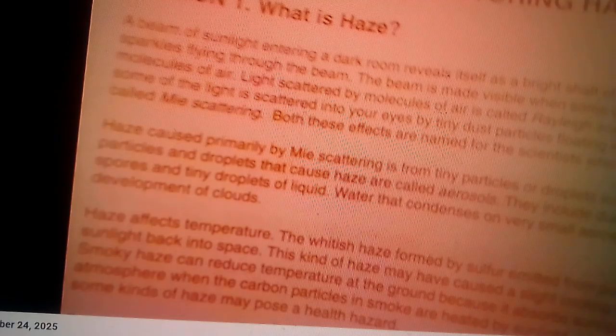Light scattered by molecules of air is called Rayleigh scattering. The sparkles are caused when some of the light is scattered into your eyes by tiny dust particles floating in the air. Light scattered by particles is called Mie scattering, M-I-E. These effects are named for the scientists who first described them.